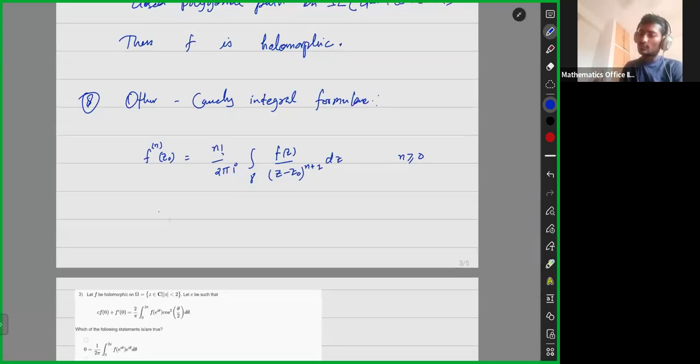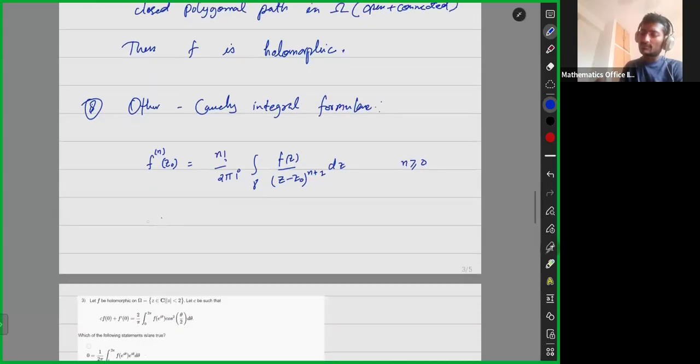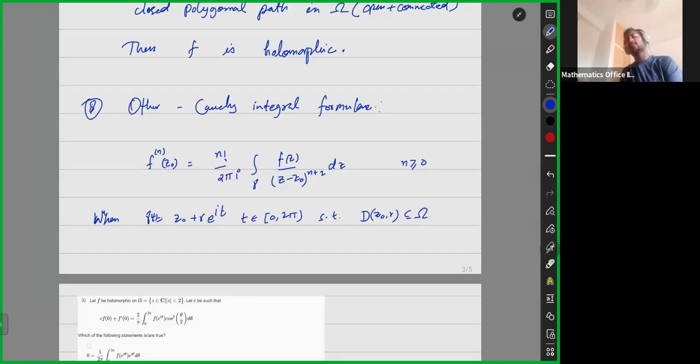Here gamma is given by gamma(t) equals z naught plus r e to the power i t, t belonging to 0 to 2 pi, such that r is such that the closed disk D(z naught, r) is contained in omega, and inside omega f is holomorphic, right? So this is given.